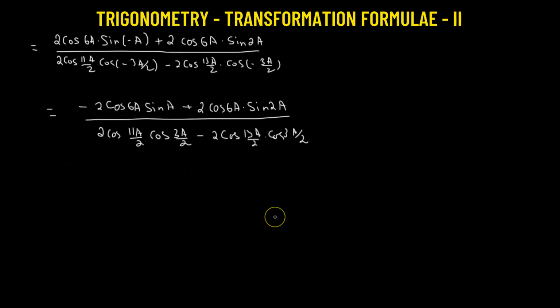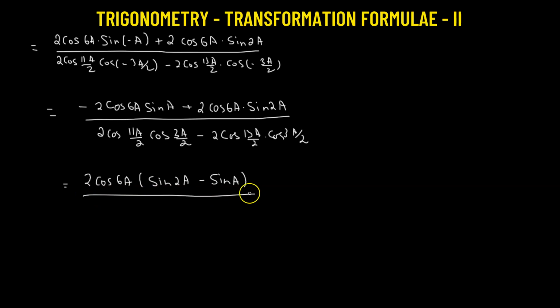We can factor out 2 times cosine of 6a in the numerator. So this will get multiplied to sine 2a minus sine a, divided by 2 times cosine of 3a over 2 multiplied to cosine of 11a over 2 minus cosine of 13a over 2.